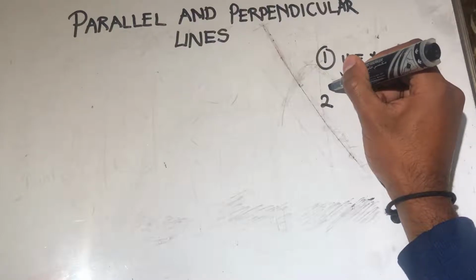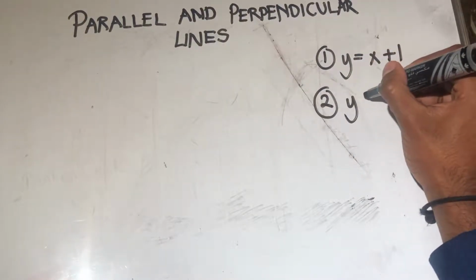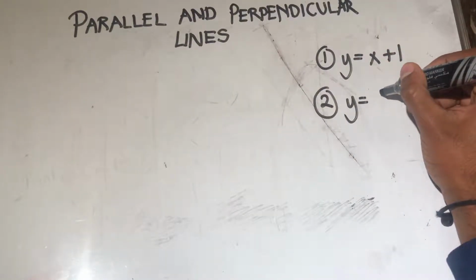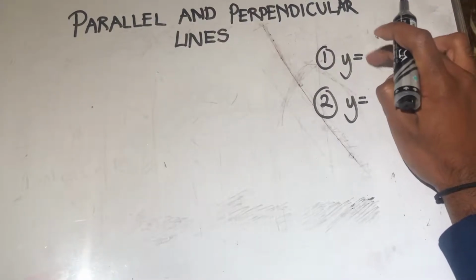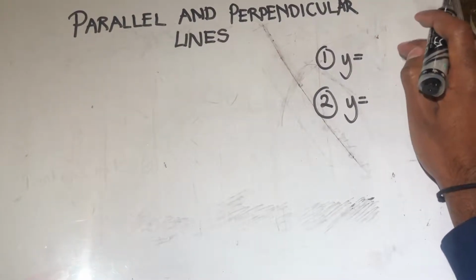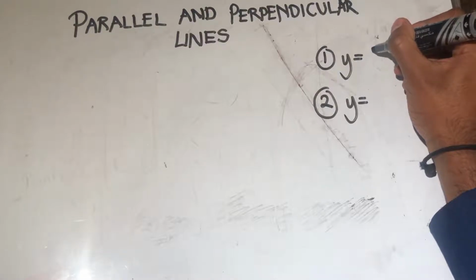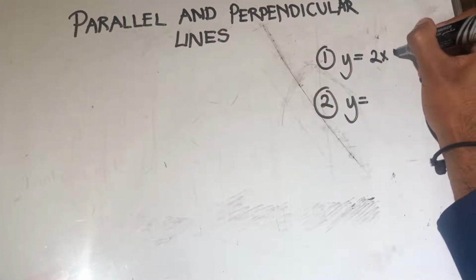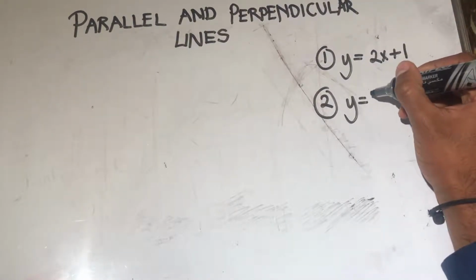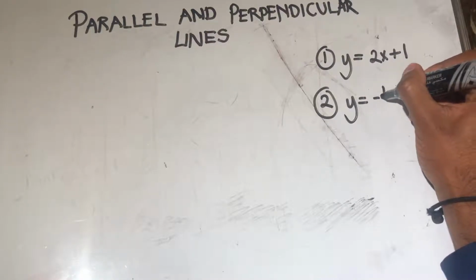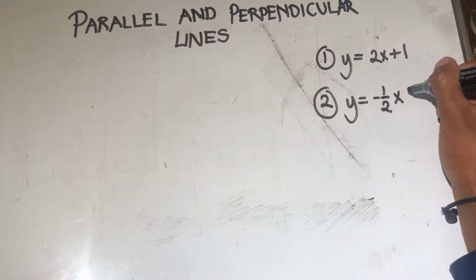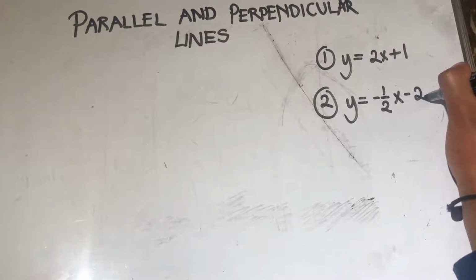Then you have another line, which is y equals 2x plus 1. And you have another line, which is y equals negative half x minus 2.